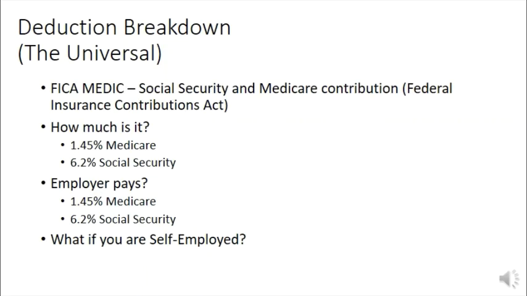With an eye towards our own budgets, let's first start by talking about the deductions that everyone has taken out of their paychecks. Accounts that everyone pays into, no matter what, no questions asked. The first is Social Security and Medicare.